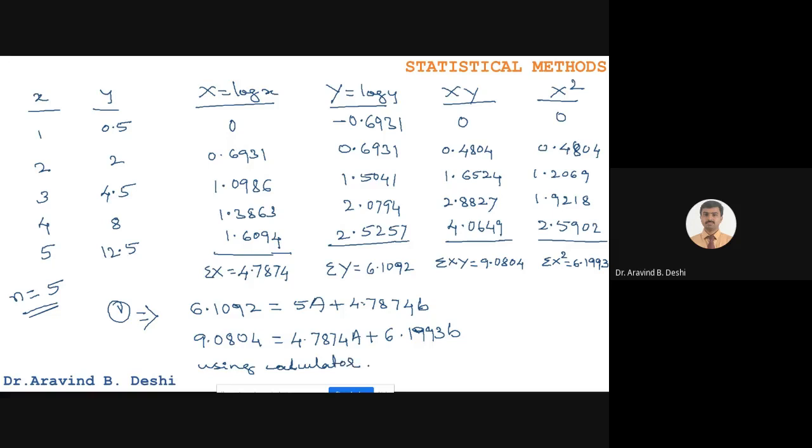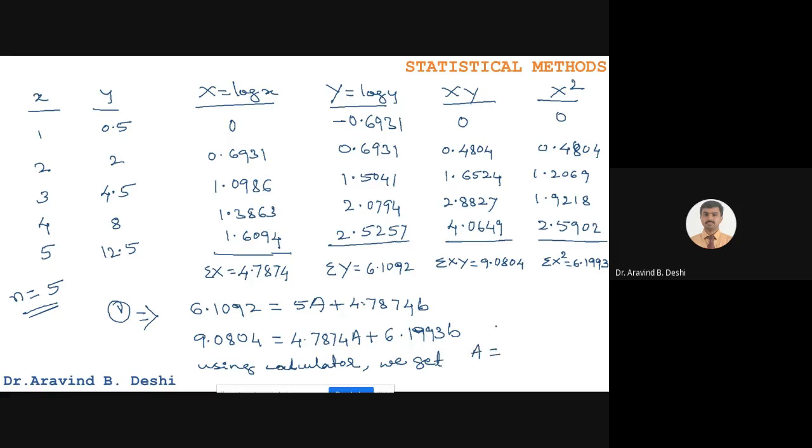Because the previous curve here also we can solve using the system of equation in the calculator. Two equations, two unknowns. A1 is 5, B1 is 4.7874, then C1 is 6.1092, then A2 is 4.7874, then B2 is 6.1993, then C2 is 9.0804. But in the calculator, it shows X and Y, but here unknowns are capital A and small b.